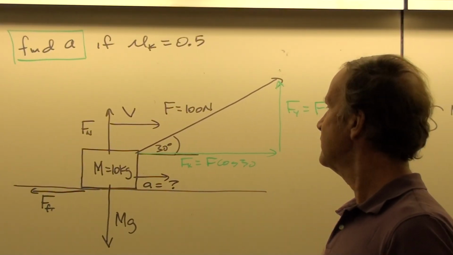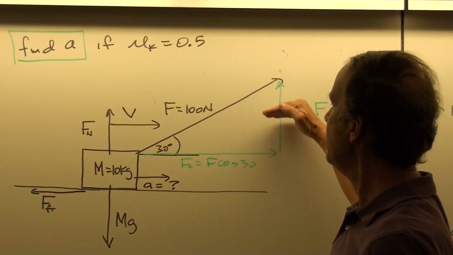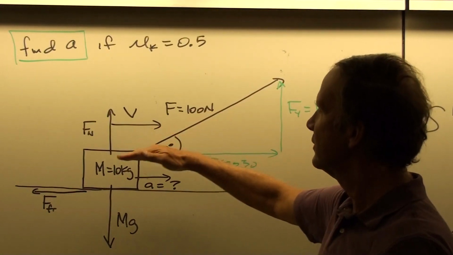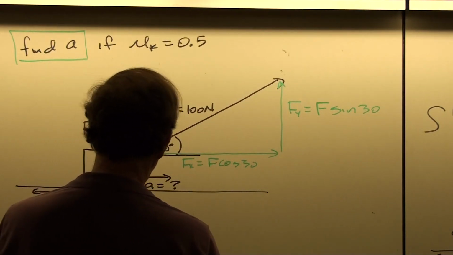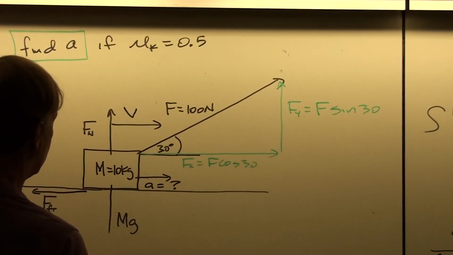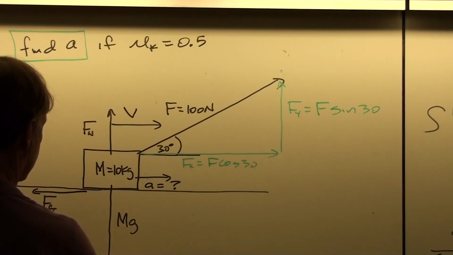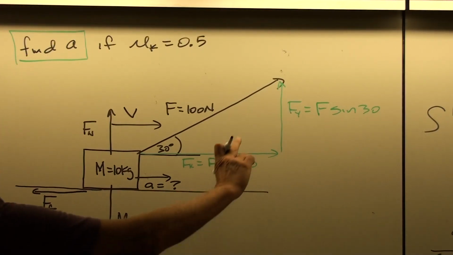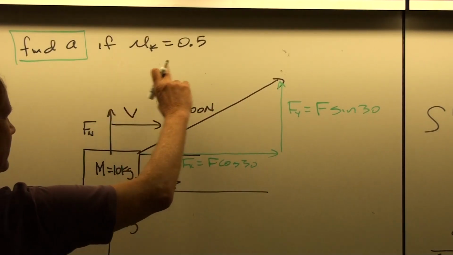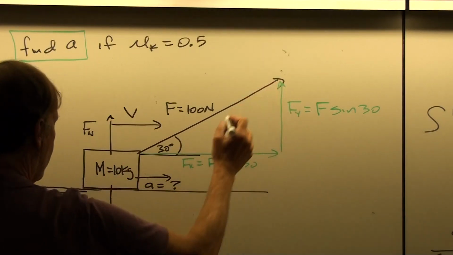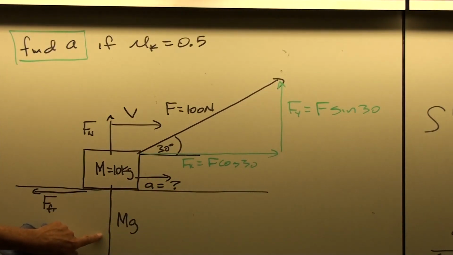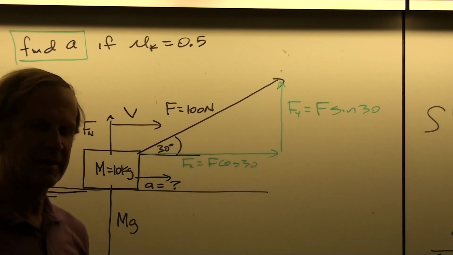But that's not the case here, because Fy, the y part of this tension force, is helping to support the weight. If I were going to draw this to scale, I'd probably make this a little bigger. So this is a pretty big value, this is a somewhat smaller value, but the sum of these two, F normal plus Fy, should equal mg, because they have to be equal and opposite. It's important to see that before we really get started with the problem.